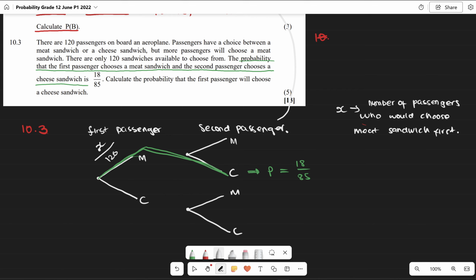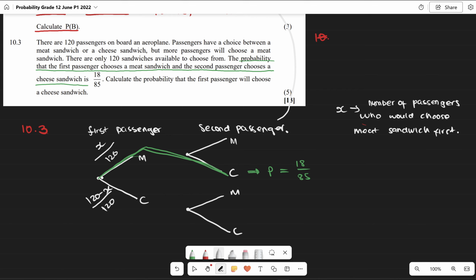If there are x people out of 120 choosing a meat sandwich first, how many people do we have left who would choose the cheese sandwich? Since our total is 120, we are left with 120 minus x, all over 120, because that is our total. So now we have that and we have that.